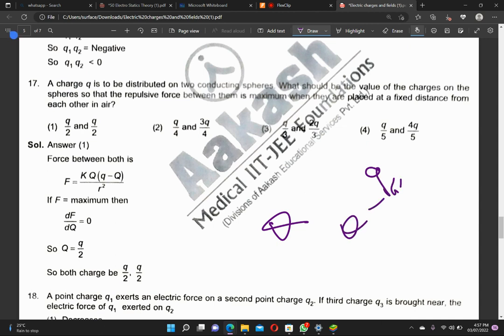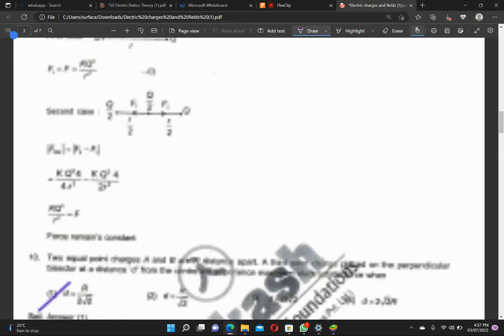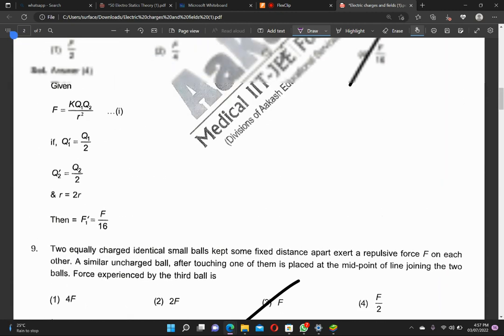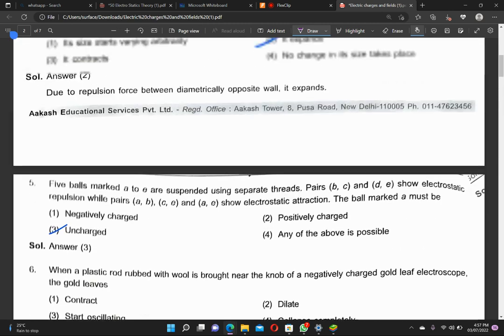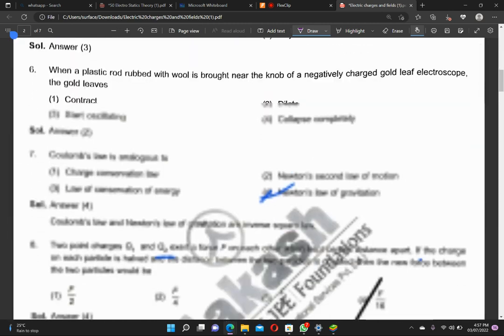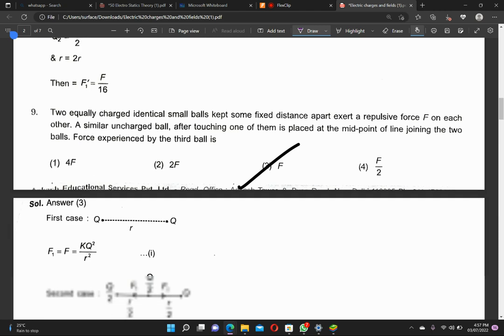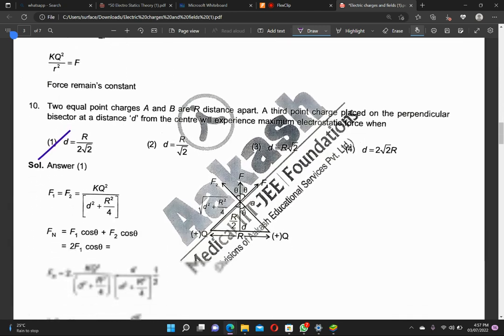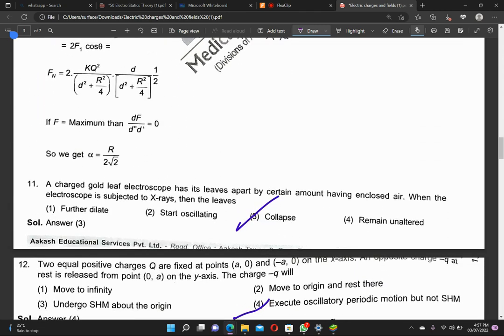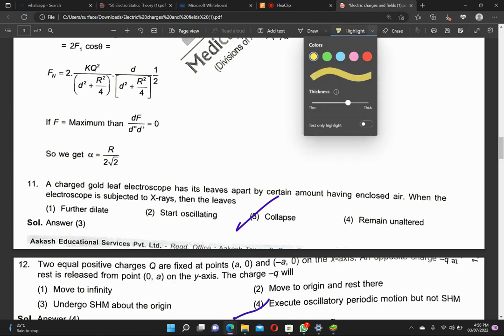All right. If F equals maximum, then we just did this previously also somewhere. We did, like, whenever maximum comes we need to do it like that. Let me increase the thickness and change the color.